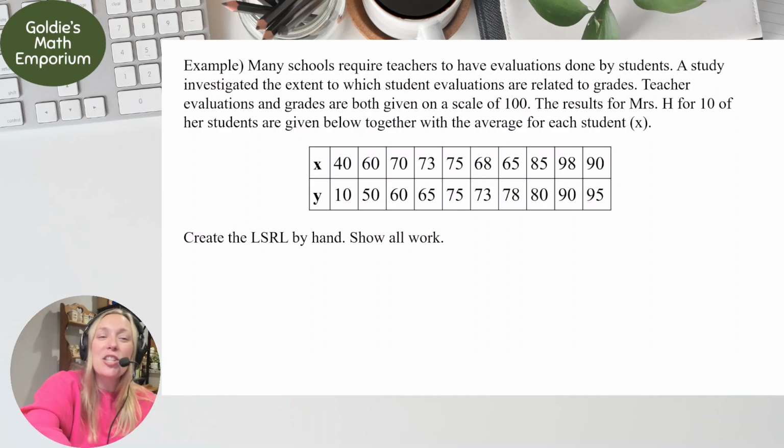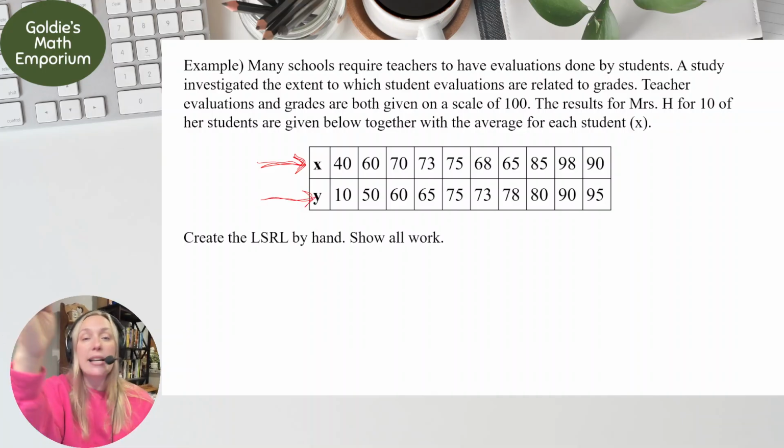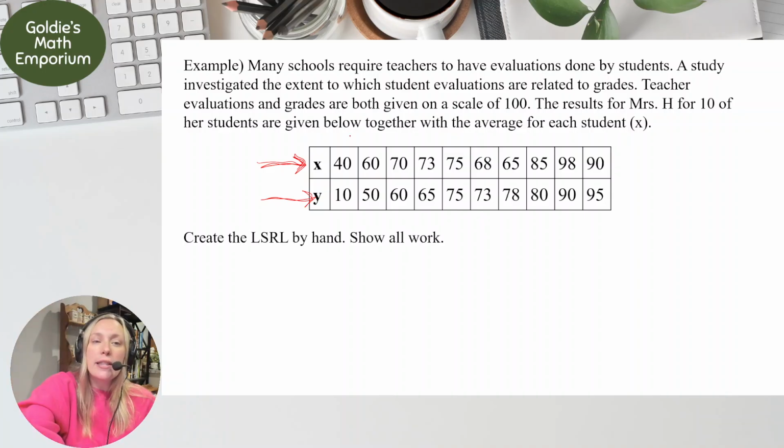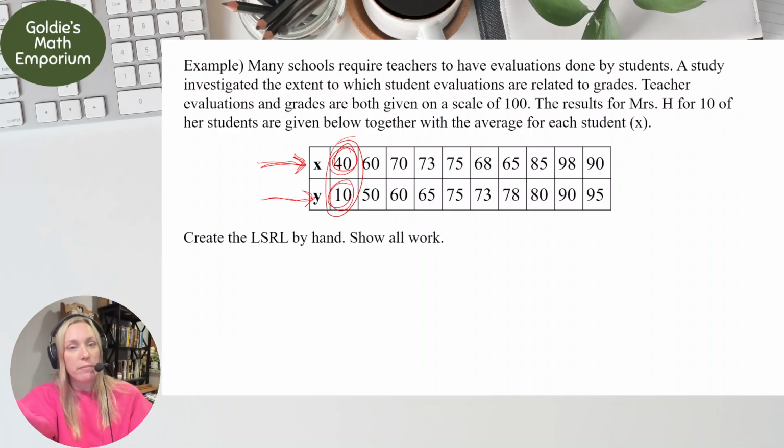So the x is the student grade the student got in class, and then the y is the evaluation score on a scale of 0 to 100, kind of like grades, but it's just a score that the student gives in response to how they think the class went, right? So like this right here, 40, a student got a 40 in the class. They gave the teacher a 10 out of 100, okay?